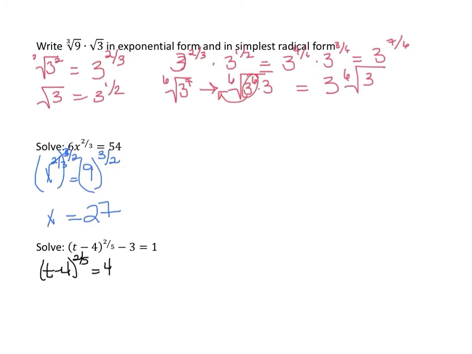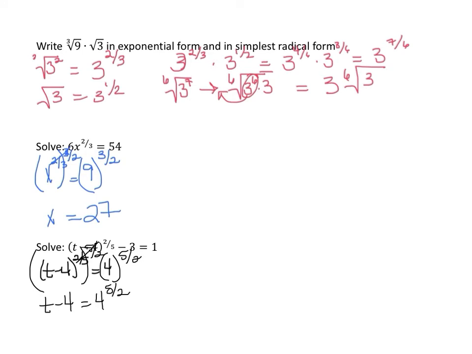It means you do your order of operations backwards. So I have to get rid of this exponent before I can do anything else, which means I will raise both sides of this equation to the 5/2, which cancels this, and I get 4 to the 5/2 power.